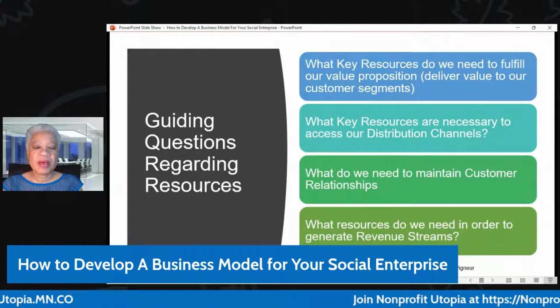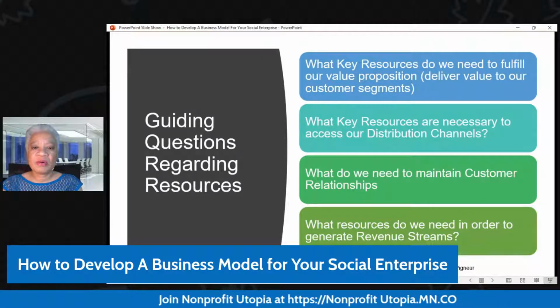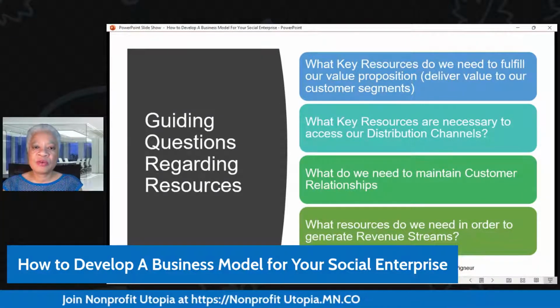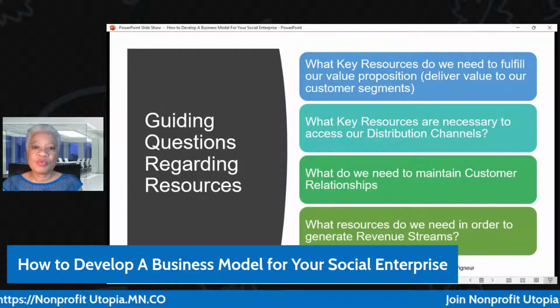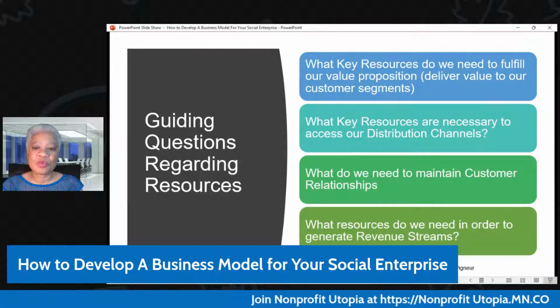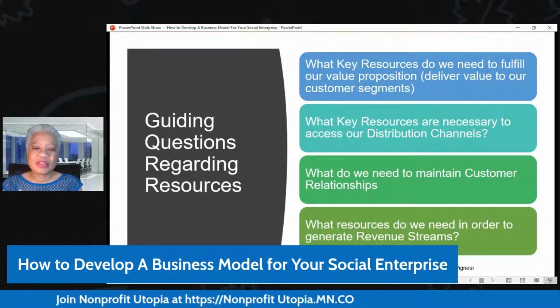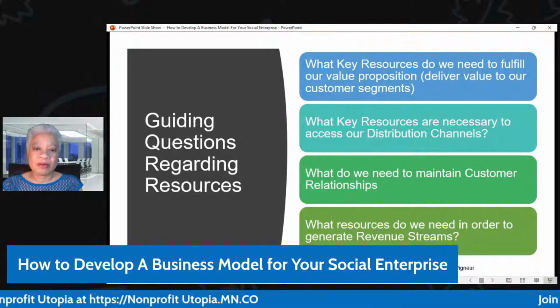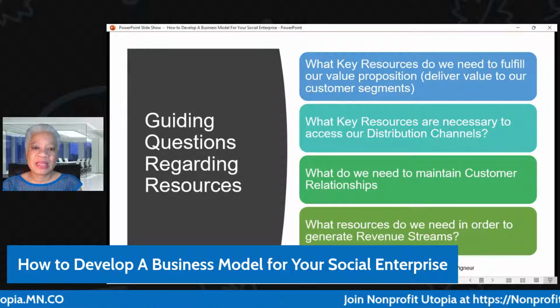And when you think about the resources, you're basically going to think about what resources do we need in order to deliver value to our customers? What resources do we need in order to meet our clients and customers where they are, right? So they can either buy our services or become more aware of our services. What do we need in order to maintain customer relationships?